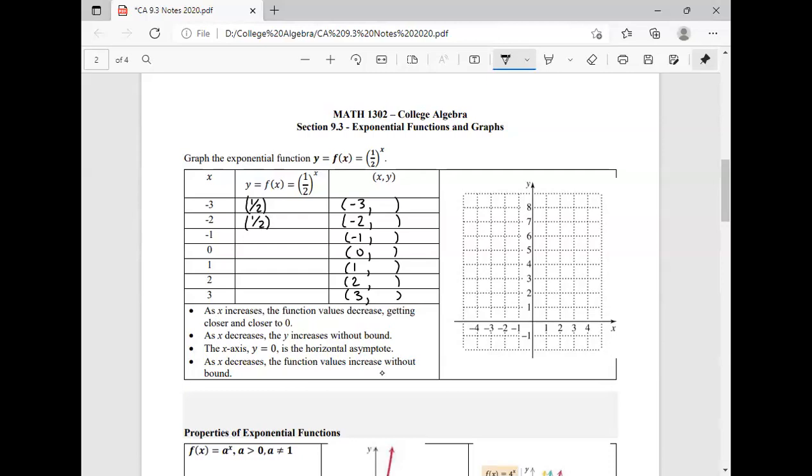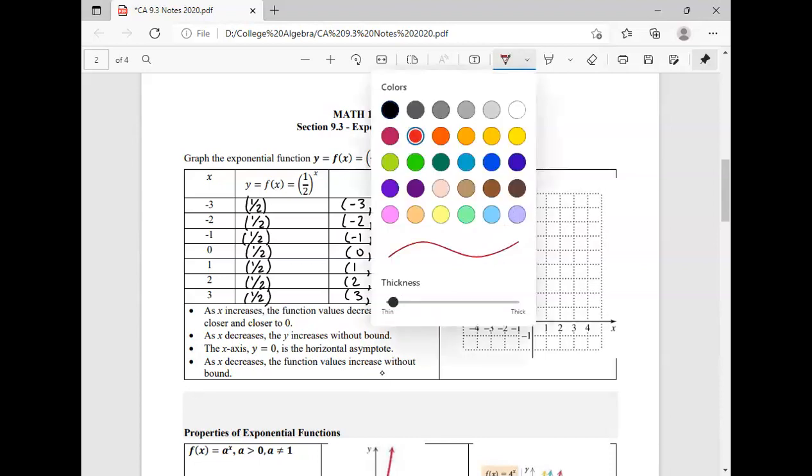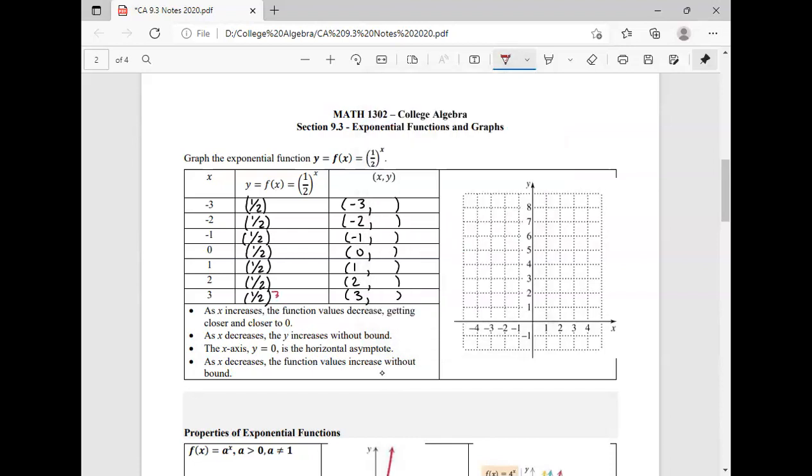So 1/2 to the x. 1/2 is still a positive number, but it is a fraction. So they're saying 1/2 to the third, to the second, to the first, to the 0, to the -1, -2, -3.